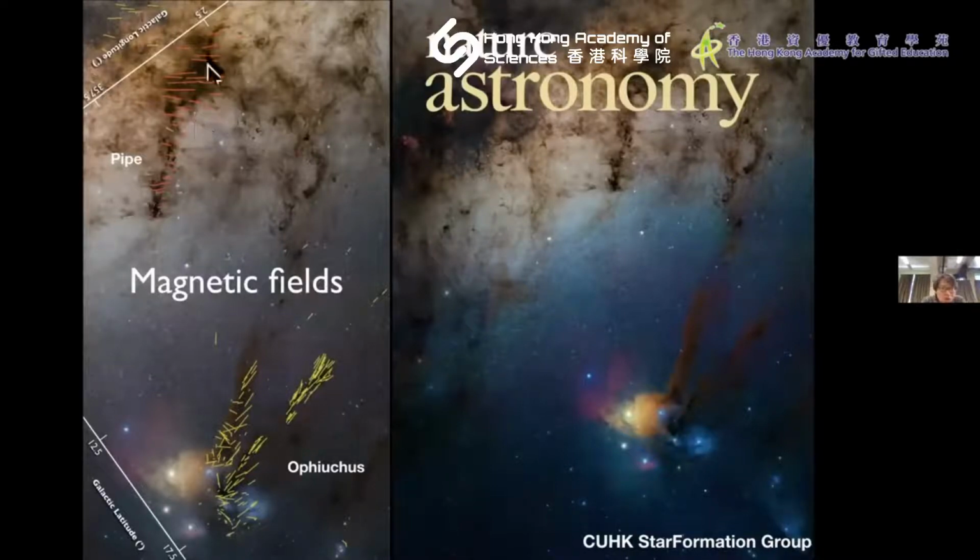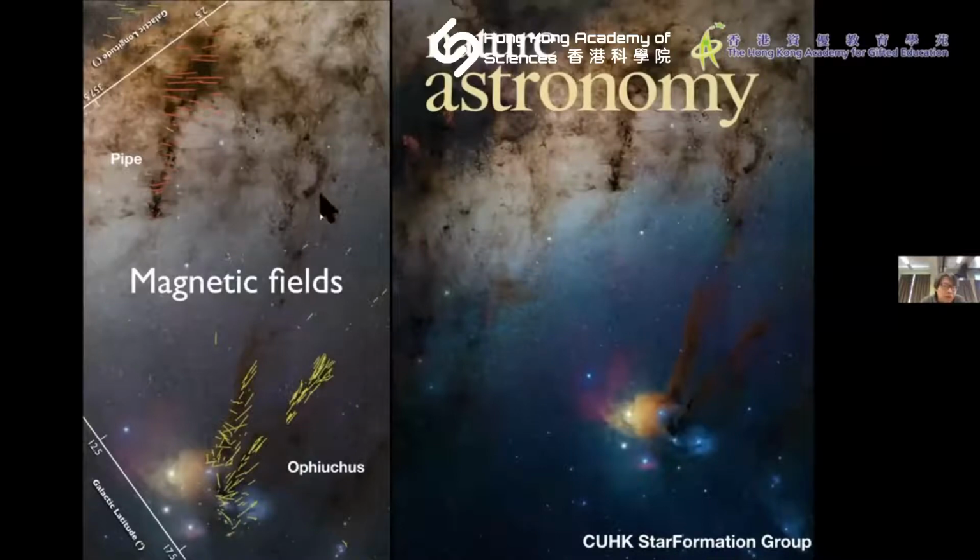It's easy to notice that for the Pipe, the cloud is elongated in this way, and the magnetic field is perpendicular to it. For Ophiuchus, the cloud is elongated in the same way as the Pipe, but the magnetic field is parallel with the cloud. And we believe this can help to explain why Ophiuchus can give birth to many more stars than the Pipe.